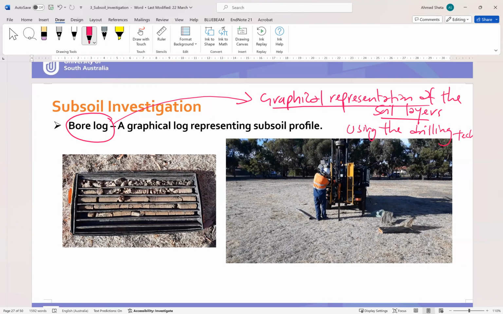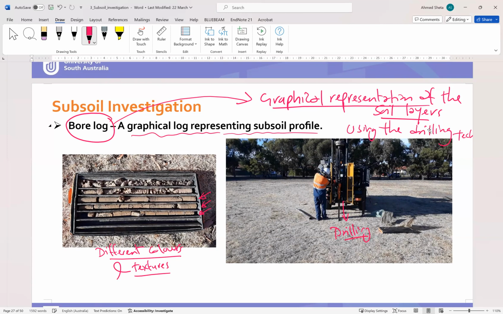It graphically represents the soil profile, and if you can see the samples, each sample has maybe different colors and different textures. So each layer has different properties.